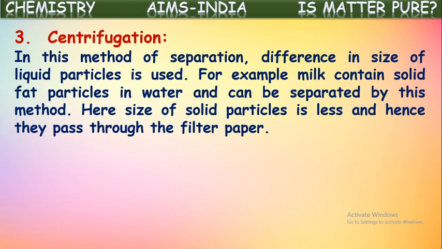If we take milk, it contains some fat particles. These are solid particles, but they cannot be separated by filtration. Why? Because the fat particles are very small in size. So this mixture cannot be separated by the filtration process.